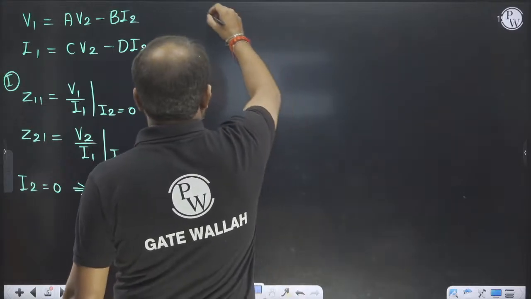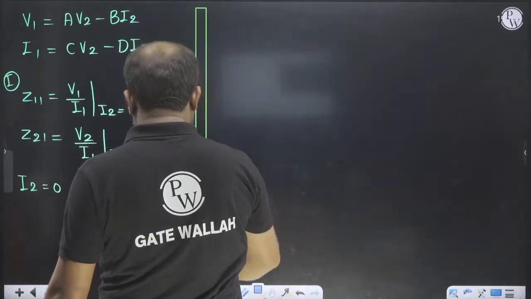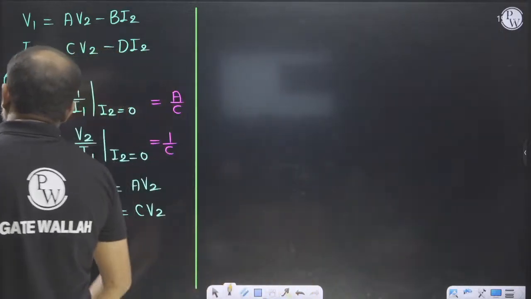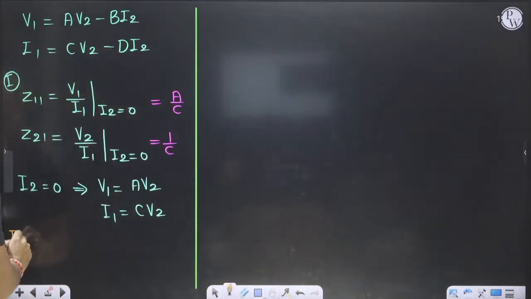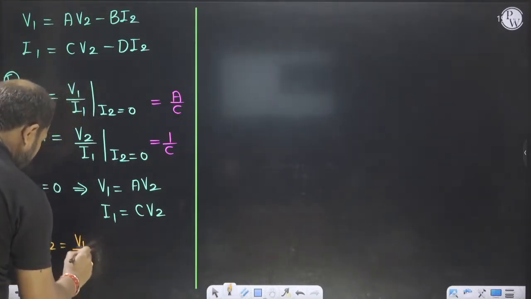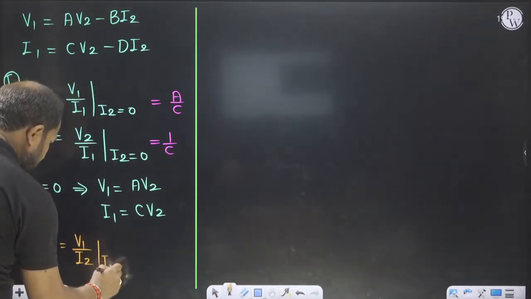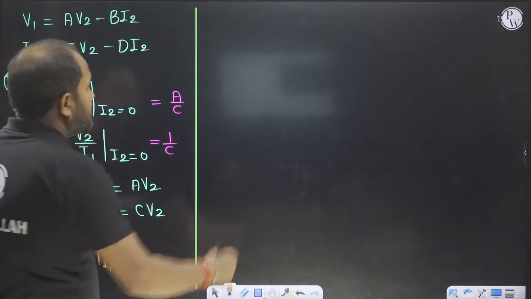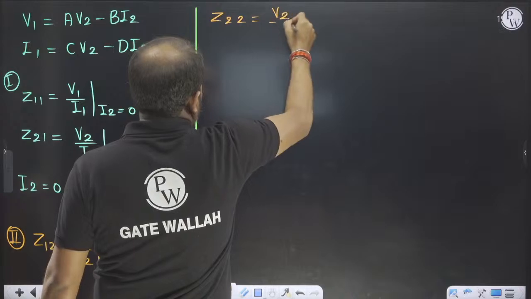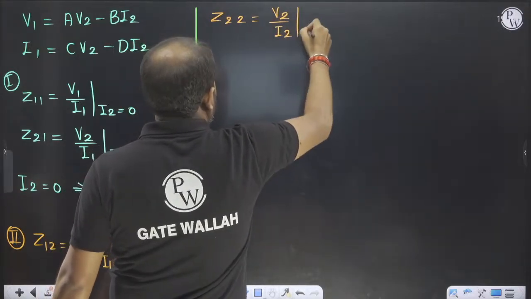Then we have the second case, where I will make I1 equal to 0. Z12 is V1 by I2 with I1 equal to 0, and Z22 is V2 by I2 with I1 equal to 0.